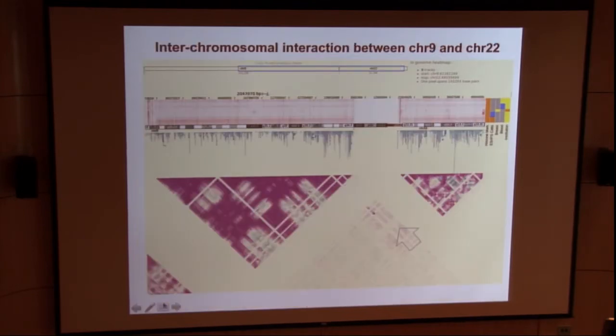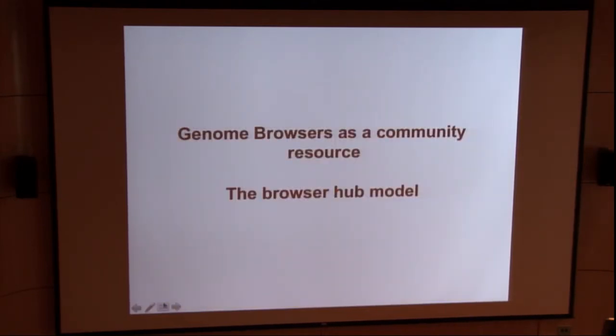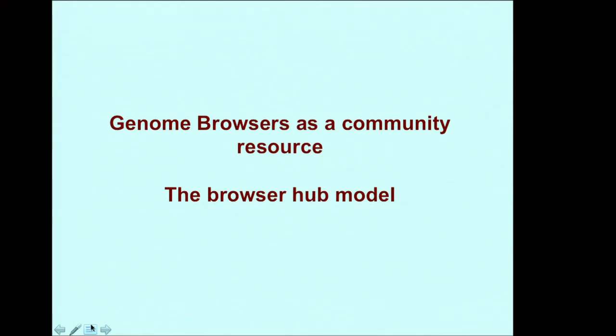Skipping ahead. Finally, genome browsers are becoming a community resource. It's becoming more and more difficult for one single group to collect all the resources, collect all the data, and then present to the community. So we're proposing this browser hub model.